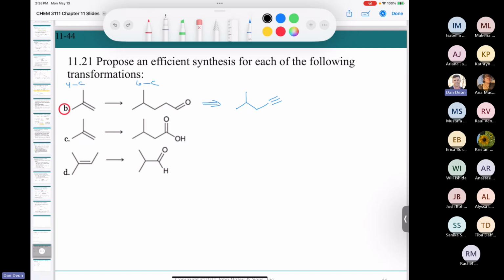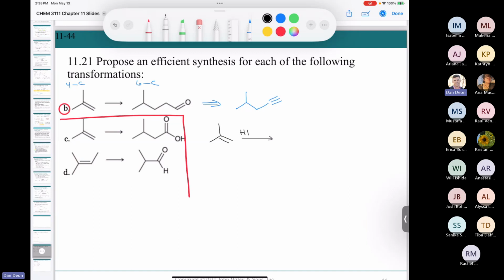So the first step is going to be to take my isobutylene. Could anybody help me with this? Would I start with a Markovnikov addition of HBr or an anti-Markovnikov addition of HBr in this case? Again, I'm talking about reaction B. Yeah, anti-Markovnikov, isn't it, Kristen?